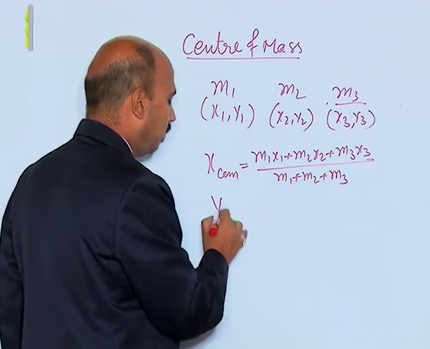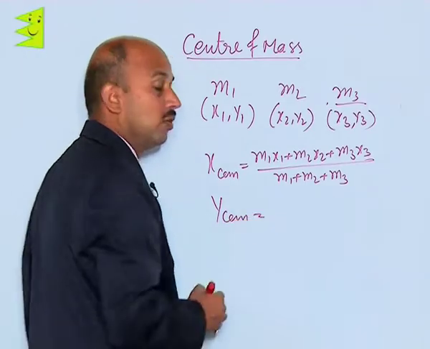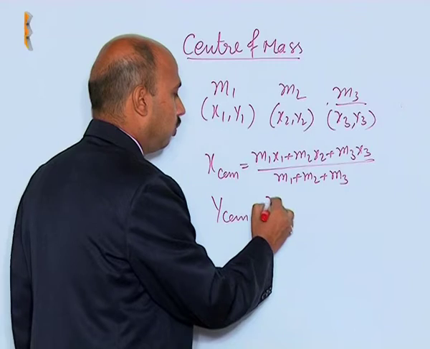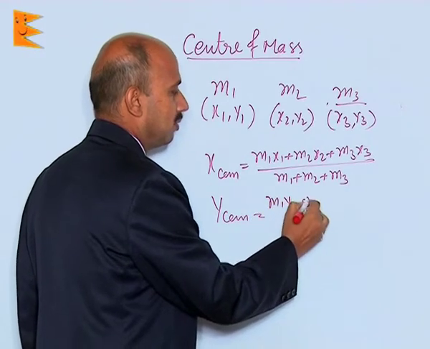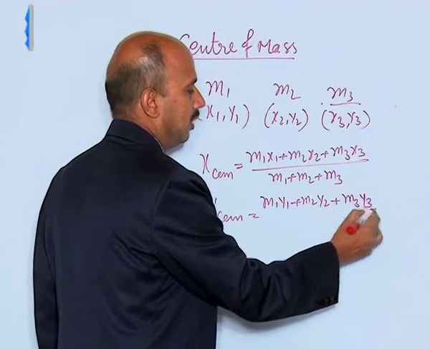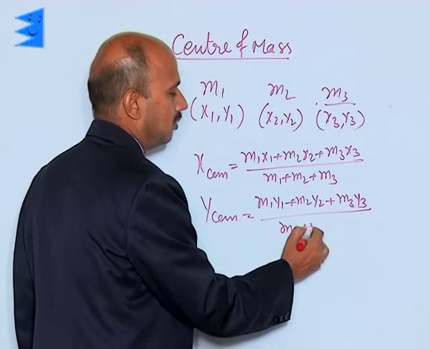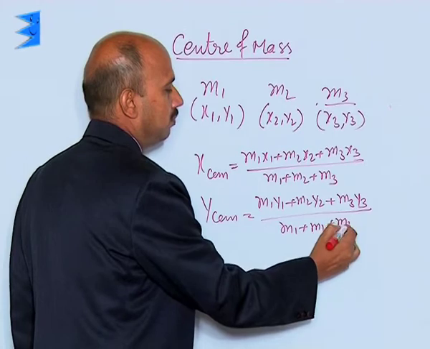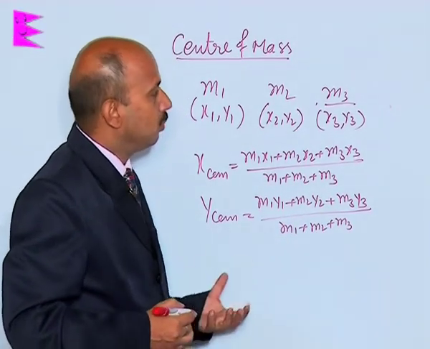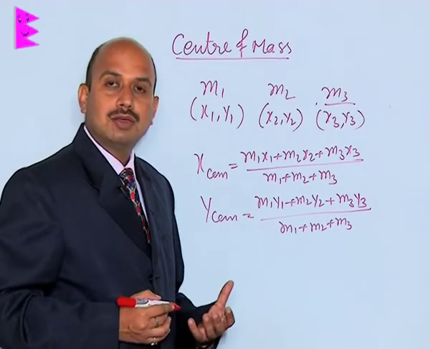Similarly, we can calculate y, because the center of mass has 2 coordinates, x and y. So, we can write m1 y1 plus m2 y2 plus m3 y3 divided by m1 plus m2 plus m3. By this way we can calculate the position of the center of mass if the particles are lying in the xy plane.